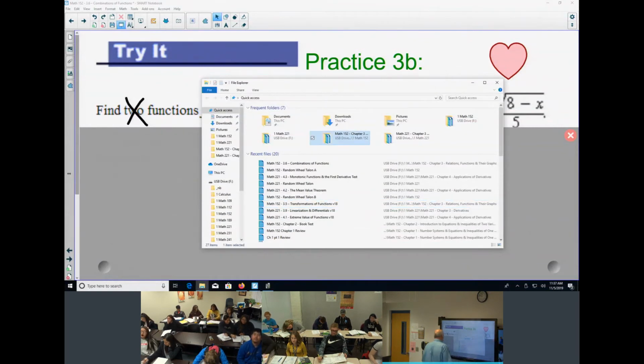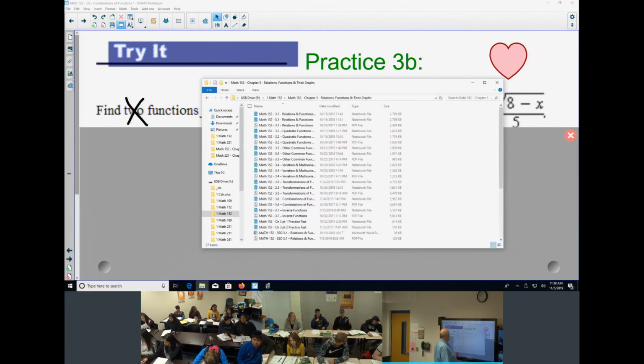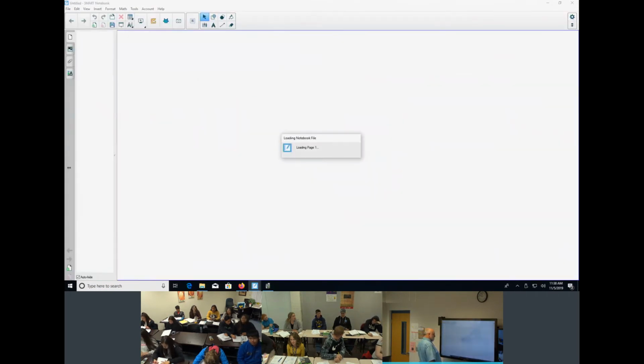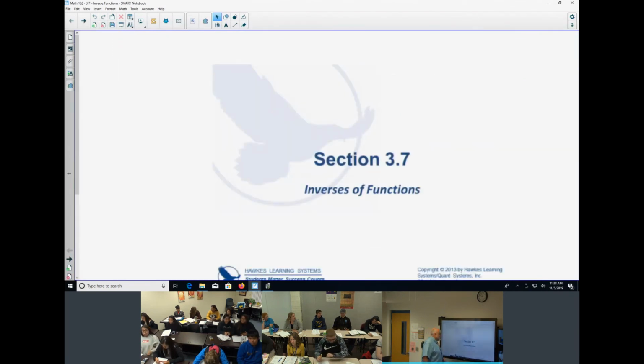So now we're going to go on to 3.7. Okay, so 3.7 is about inverse functions.